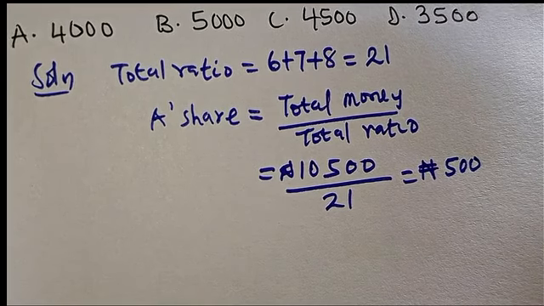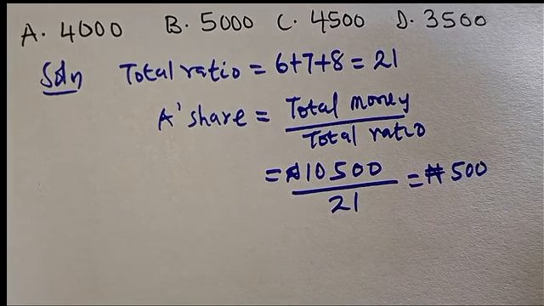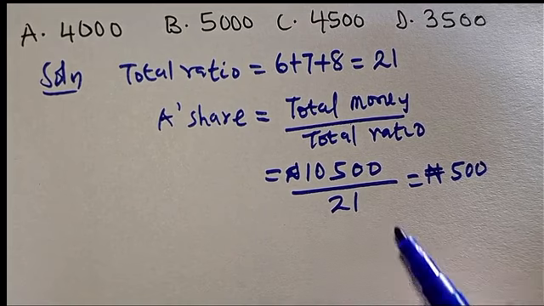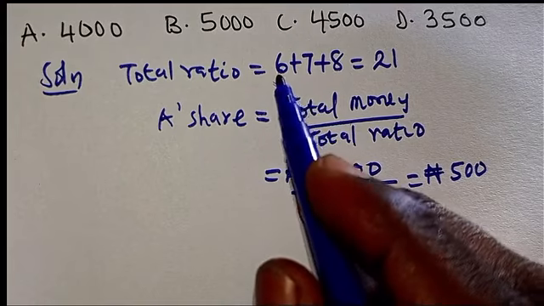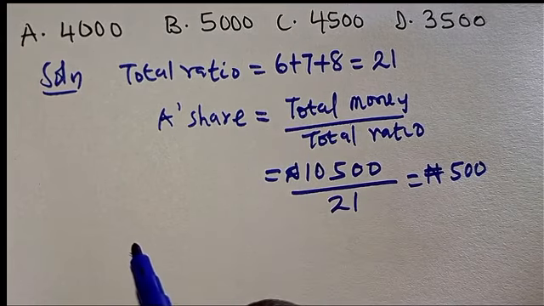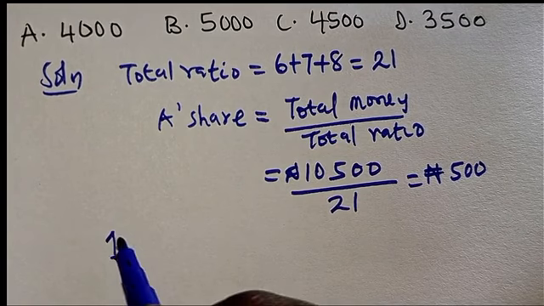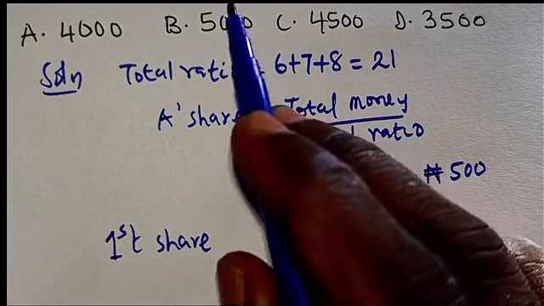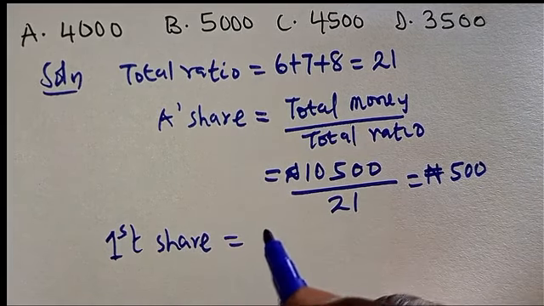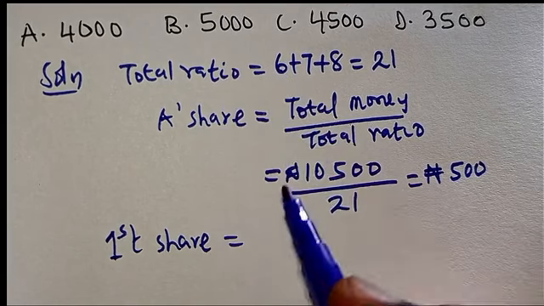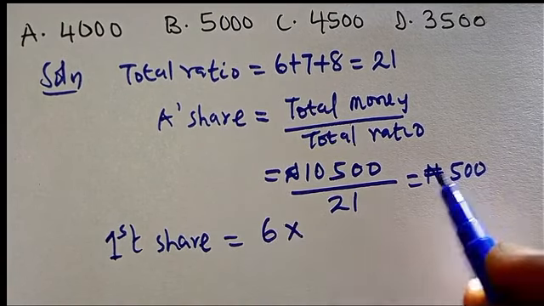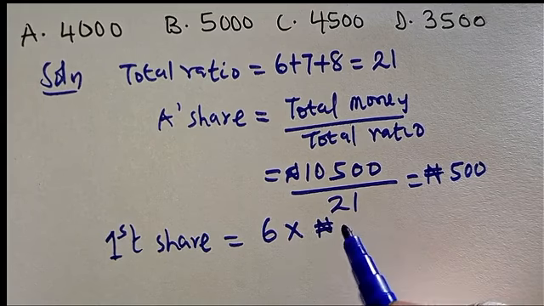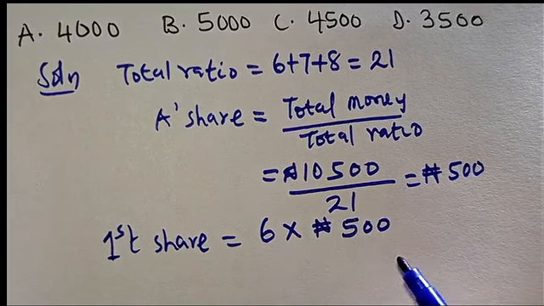Since you have 500 naira, what do you think you're going to do next? We are going to pick the first share, which is 6. We pick the ratio 6, then multiply it by a share, which is 500 naira.